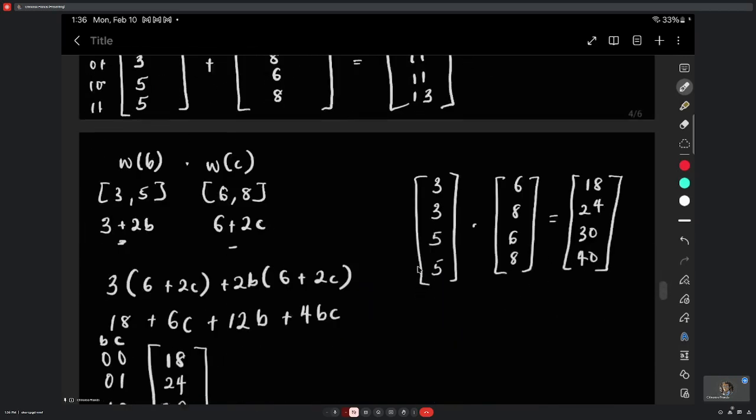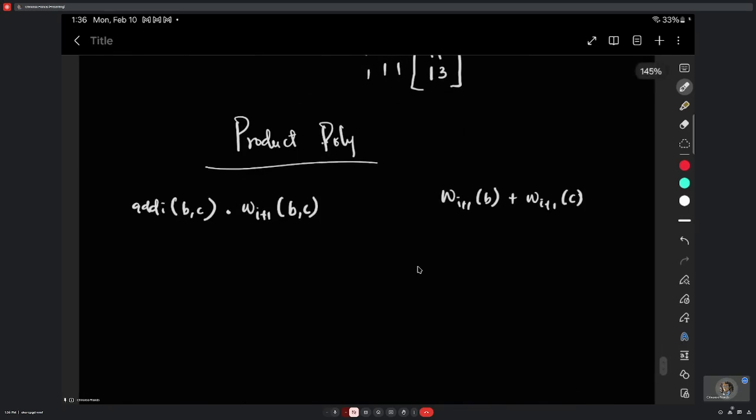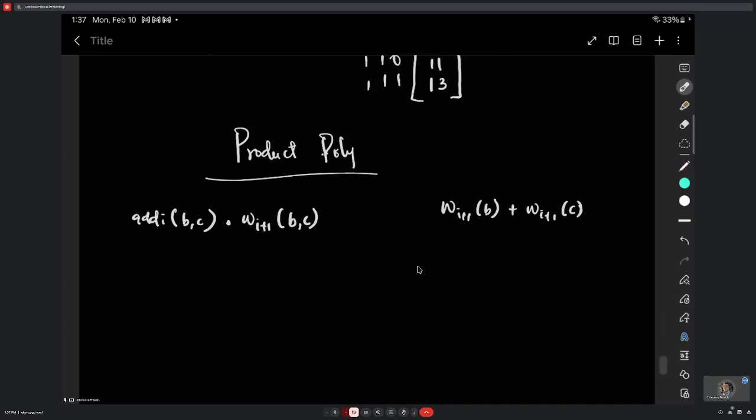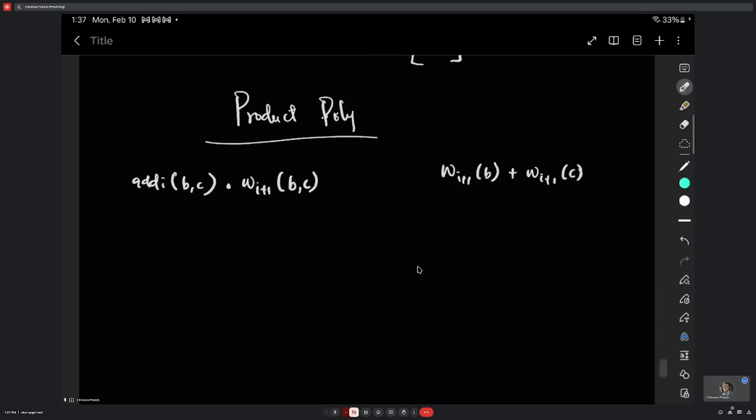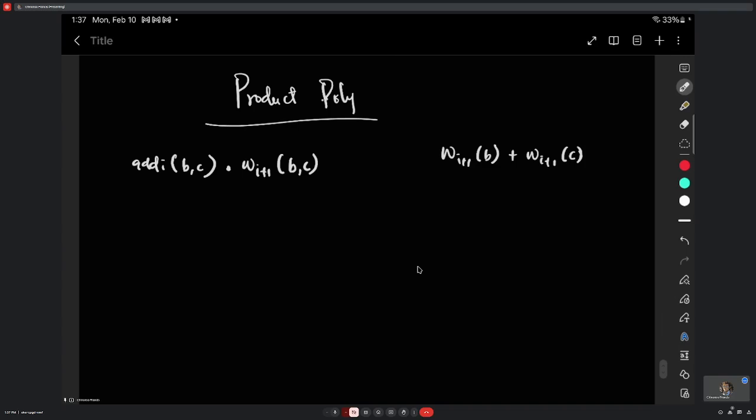So now we want to look at a_i times w_{i+1} of b, c. This can be a_i, or it can be any i, depending on you. If we multiply these two polynomials, which may be multilinear, we are going to get a multivariate.